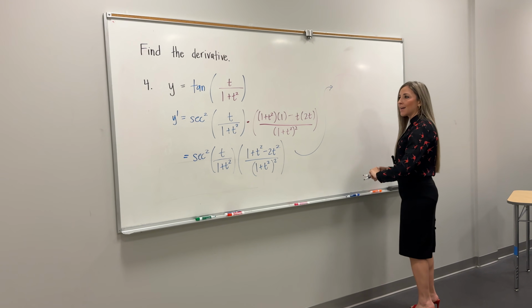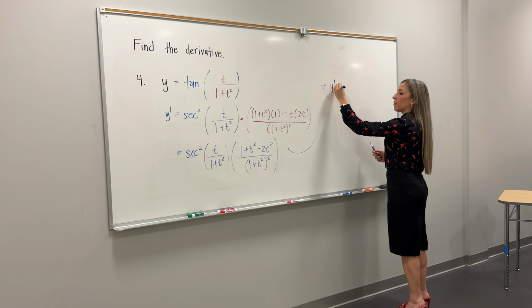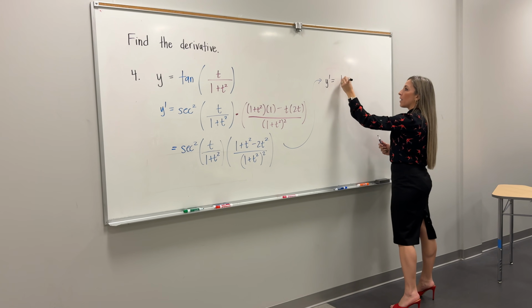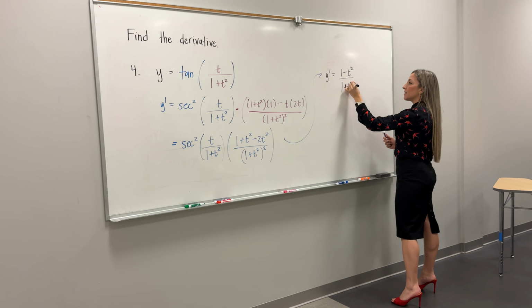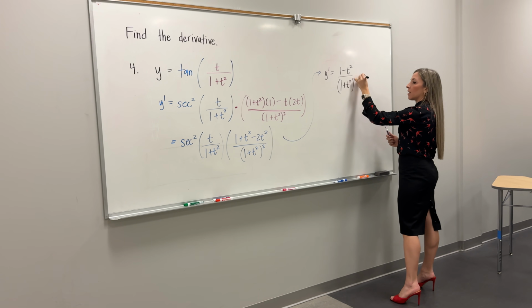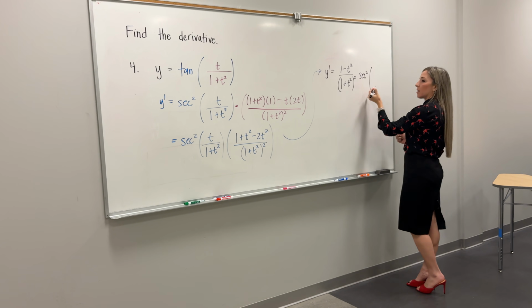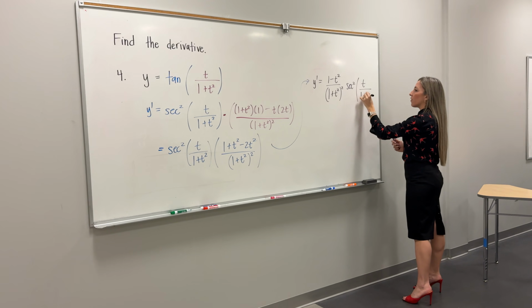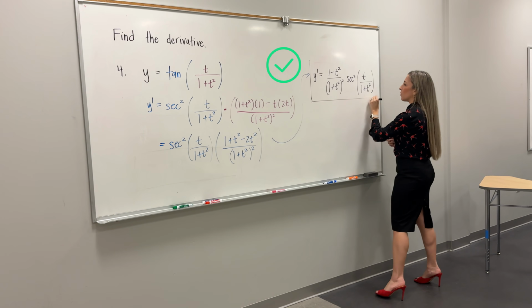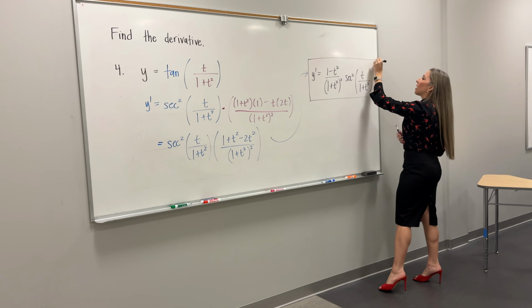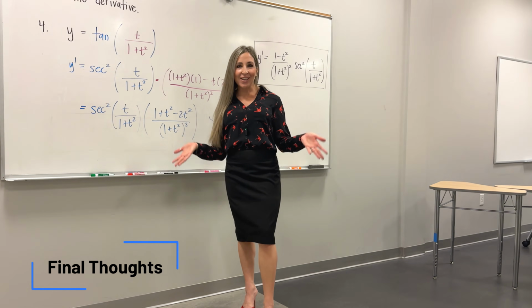So at long last, we have y prime is 1 minus t squared over 1 plus t squared squared times secant squared of t over 1 plus t squared. And we can just box this with pride. That was well done, you guys. Well done. So that concludes the lesson.